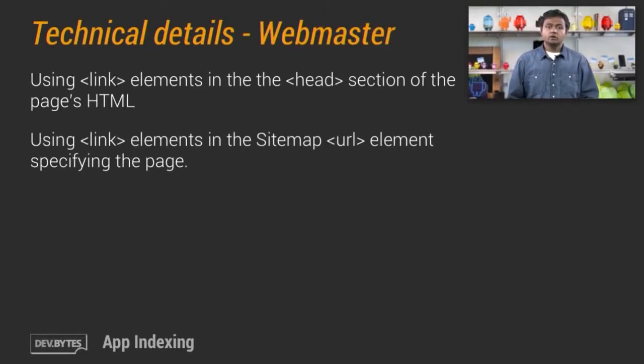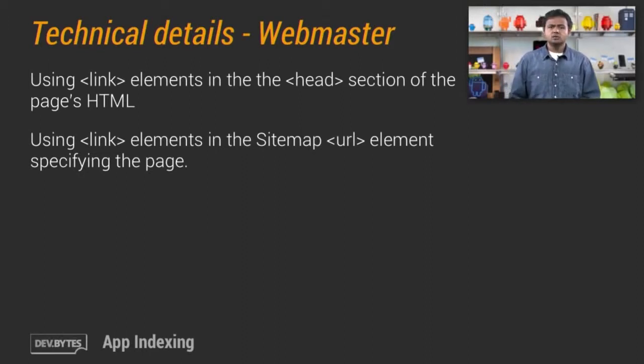Now, each page on your site can specify how its contents can be loaded in your app. We offer two equivalent ways to tell Google's algorithms about the relationships between the page and your application. And these are using link elements in the head section of the page's HTML, or you can use link elements in the sitemap URL element specifying the page.